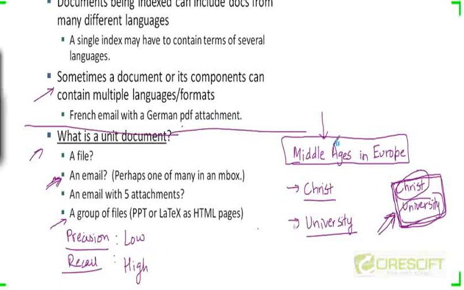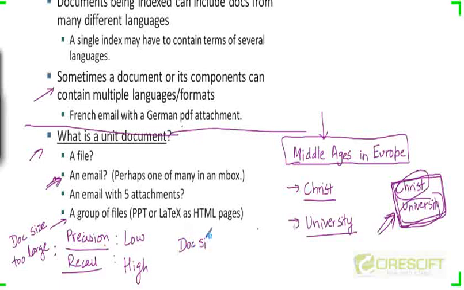You're also going to get other kinds of documents. That's the problem. So you're going to get low precision and high recall. So if document size is too large, then the precision will be low and the recall would be high.